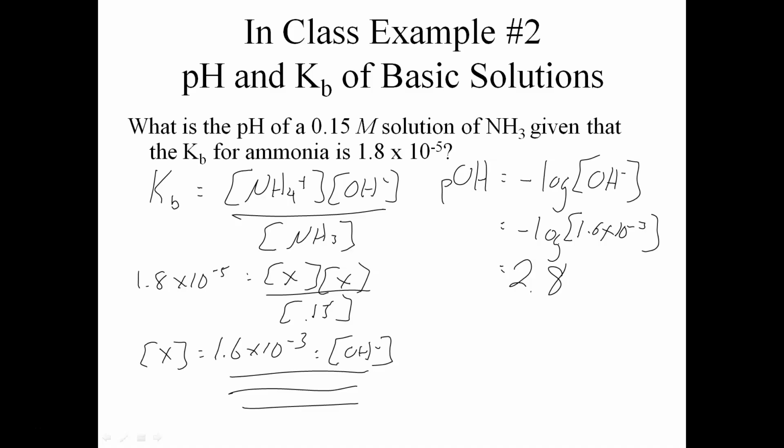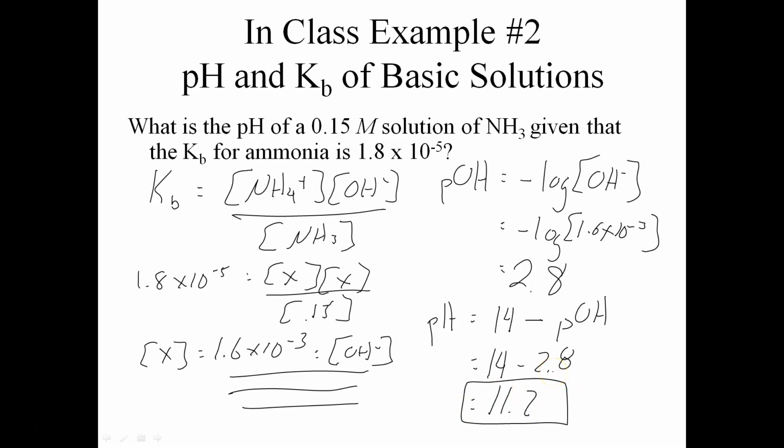The 2.8 is the pOH, which is directly associated with our hydroxide concentration. I want to find the pH. pH is 14 minus the pOH. So we have 14 minus 2.8, which gives us a pH of 11.2. And we're done.